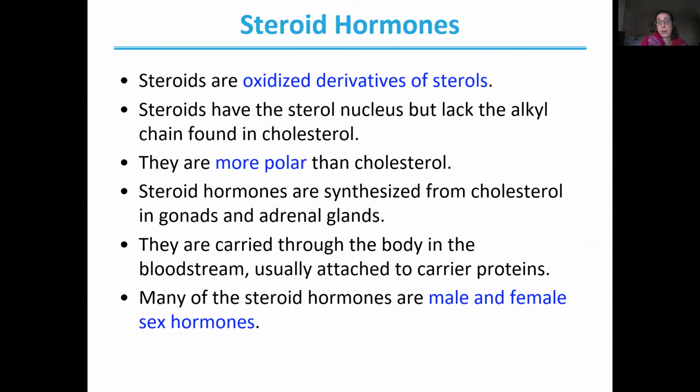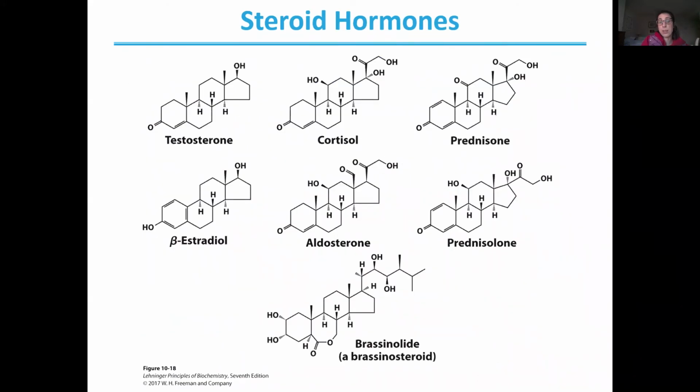Many of these steroid hormones are male and female sex hormones. So common ones that we know that are steroid hormones are testosterone and estradiol, but also things like cortisol, which is going to affect our fight or flight levels. It's going to affect a lot of things in our body. It's going to potentially make us faster, but also in a more stressed condition.